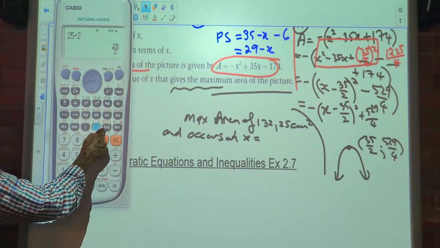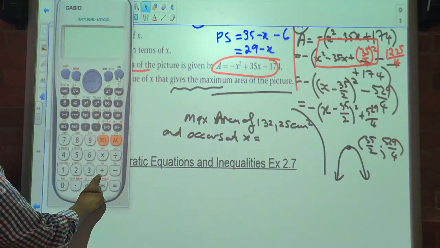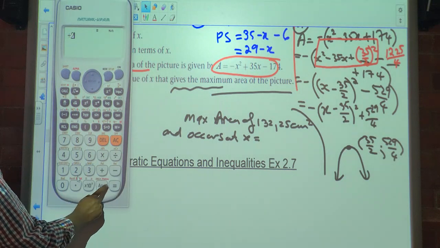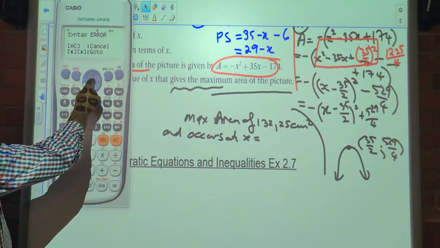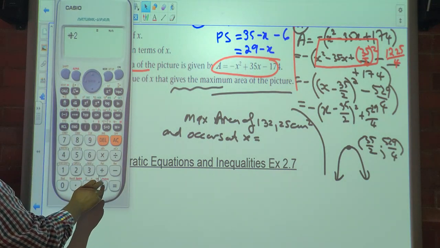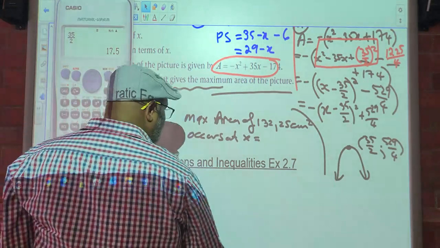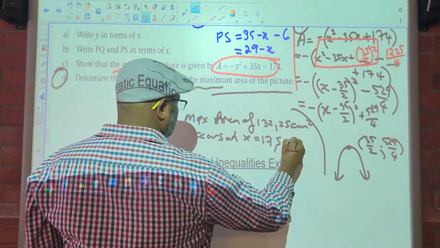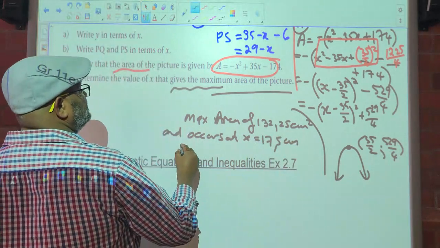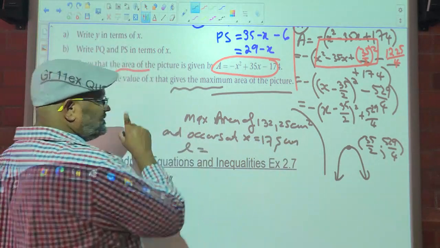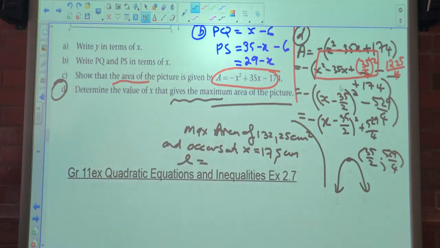35 over 2. Let's check the answer, people. 35 over 2 is 17.5 centimeters, and a length of, so what was the length?